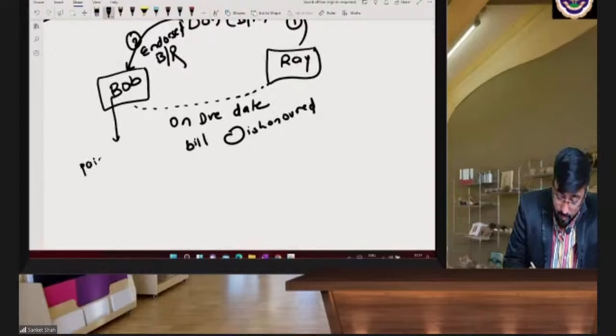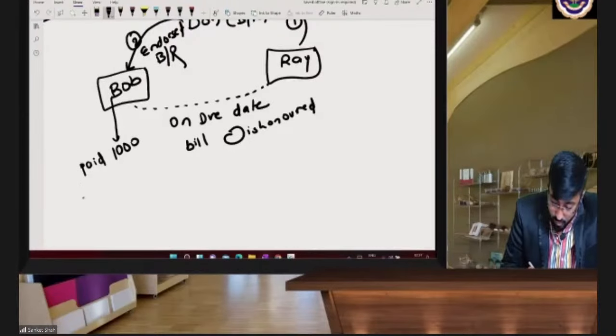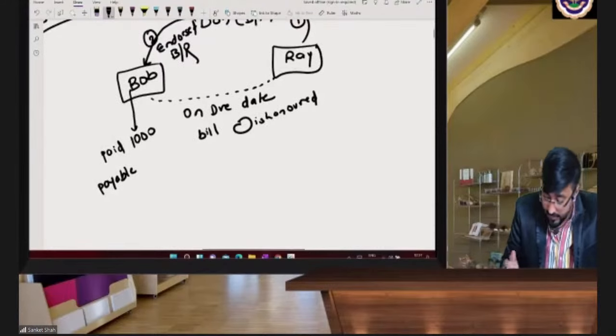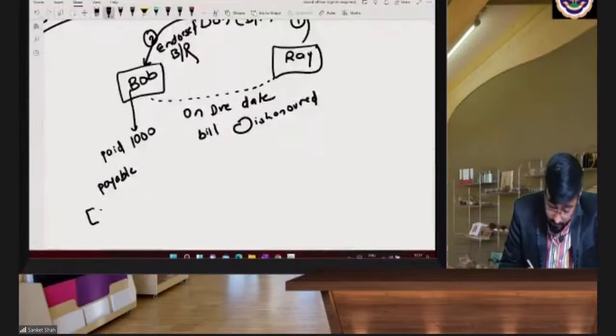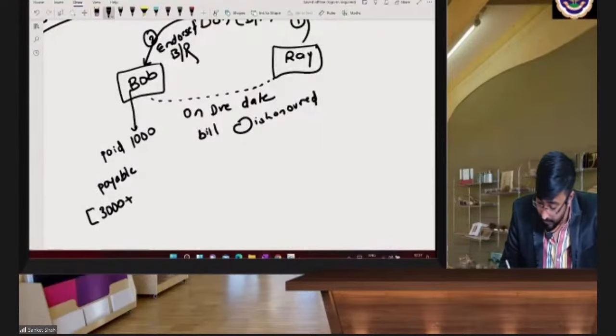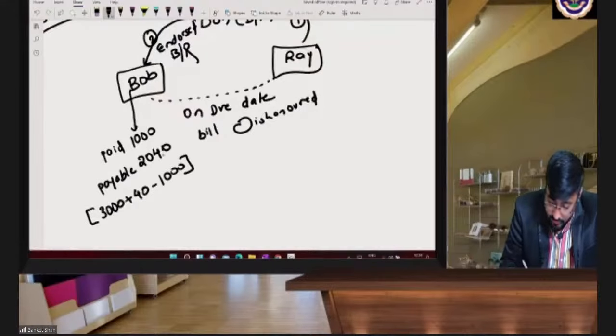Paid 1,000 in cash. Still payable. What is the payable amount? 3,000 plus noting charges 40 minus 1,000. So payable is 2040.